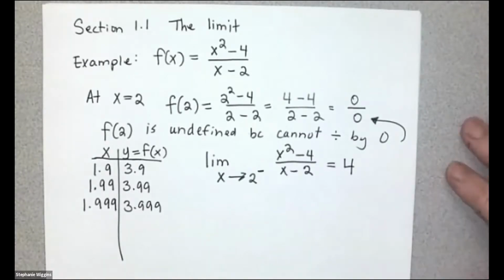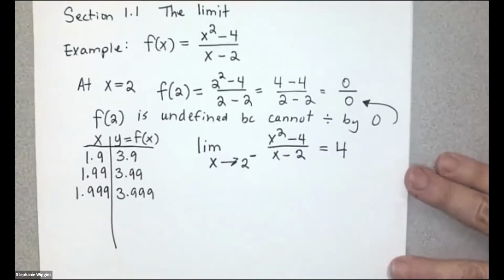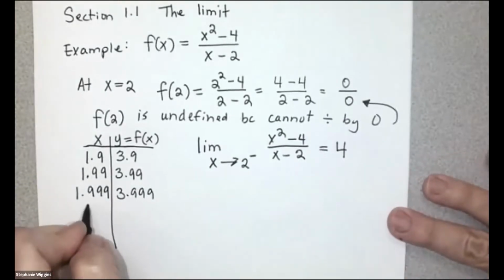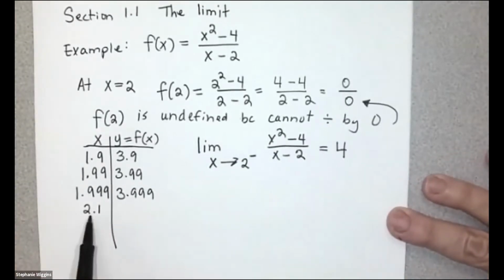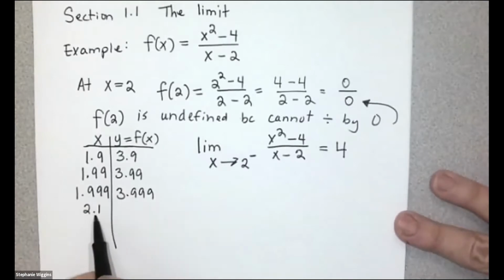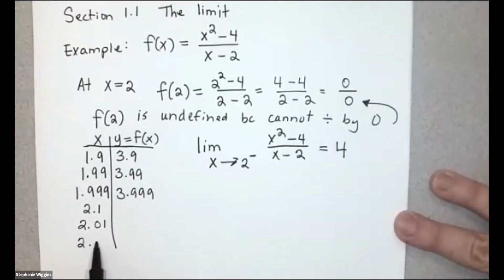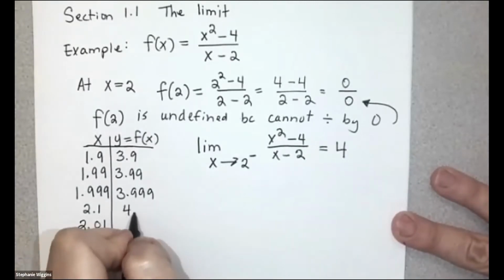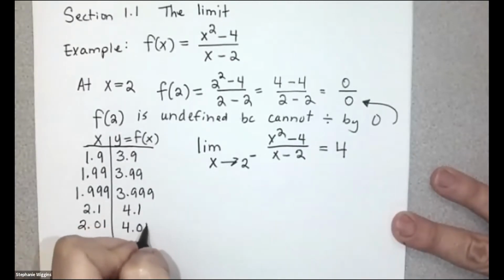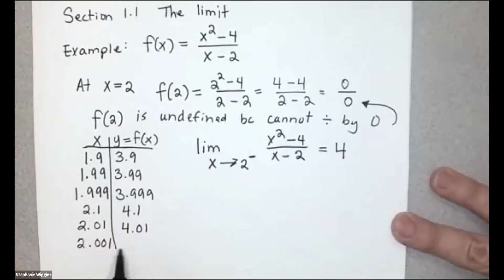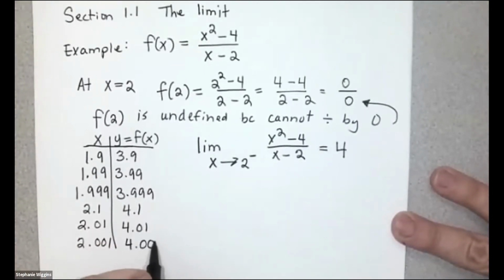Now we can do the same thing from the positive side. So something that's a little bit greater than 2, I'm plugging that in. And then closer to 2 would be something like 2.01. Even closer is 2.001. And when I plug in those values, I get 4.1 for the output, 4.01 when I plug this 2.01 in, and 4.001.